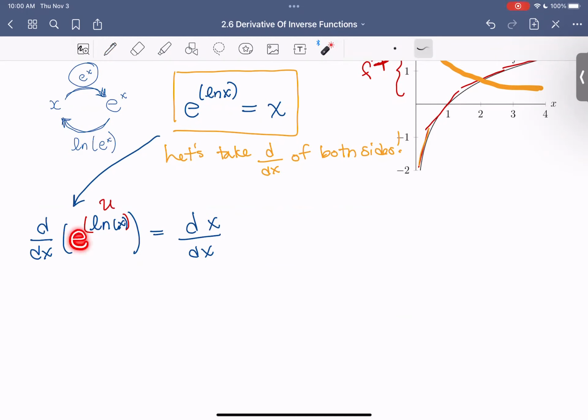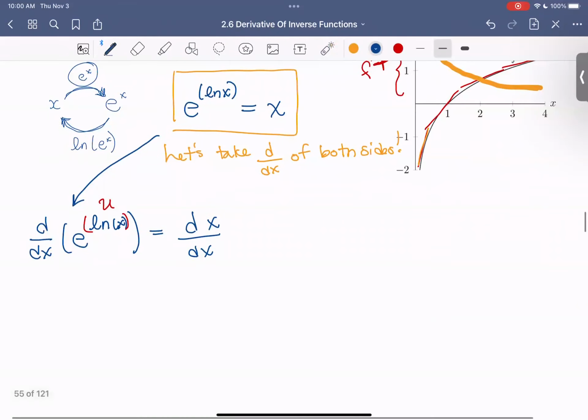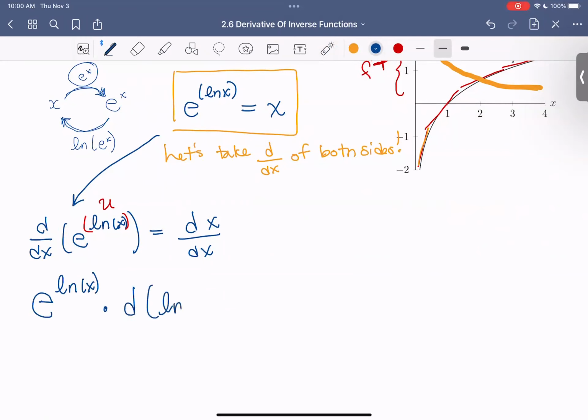The derivative of e to the u is just e to the u. So I'm going to have e to the, and my u is ln of x, times the derivative of that u, the derivative of ln of x. And then on the right side, the derivative of x is just 1. Recall that we can just use the power rule, exponent 1 there.